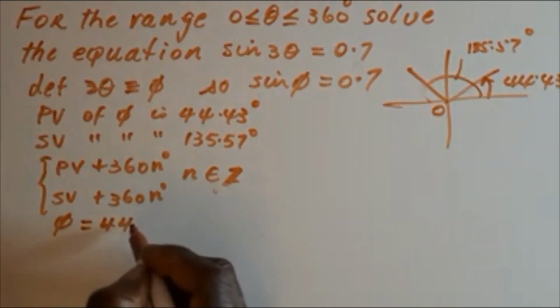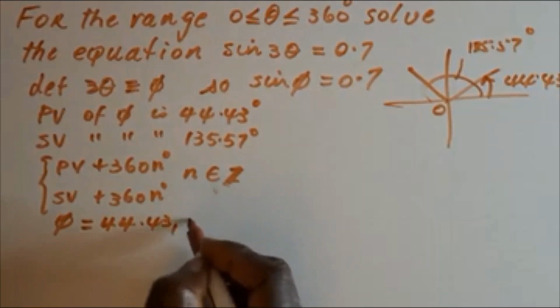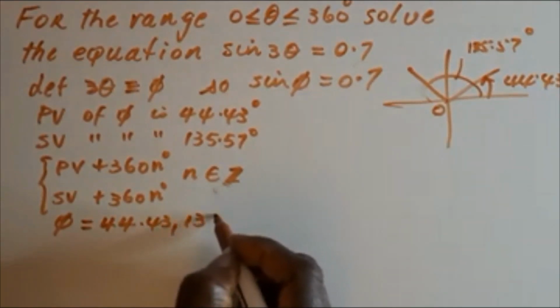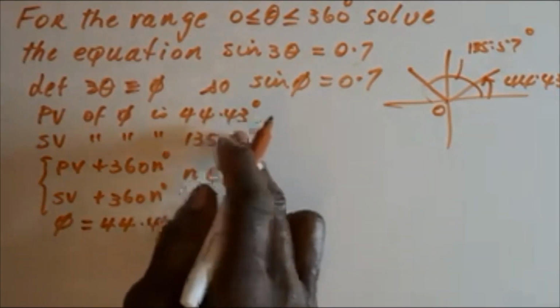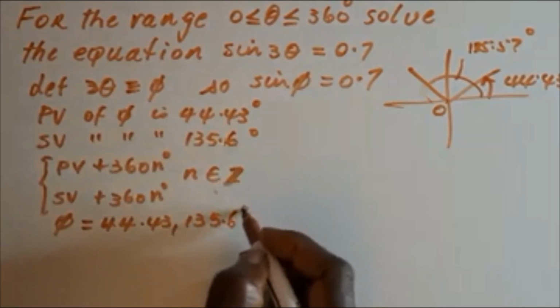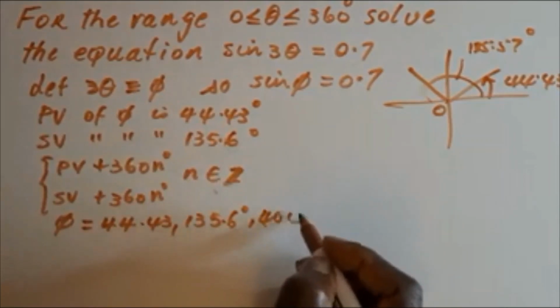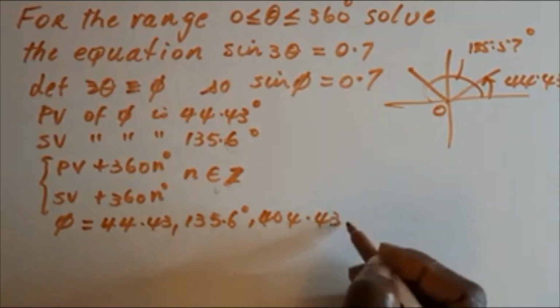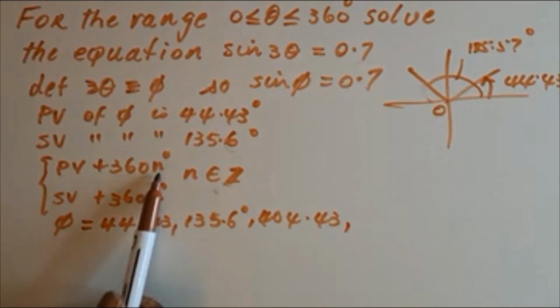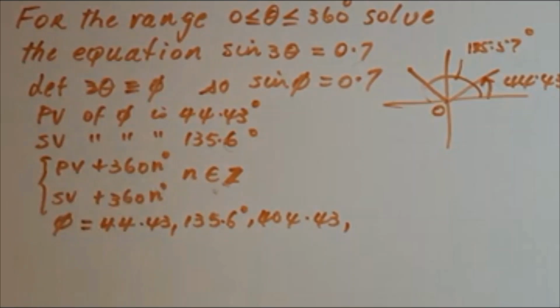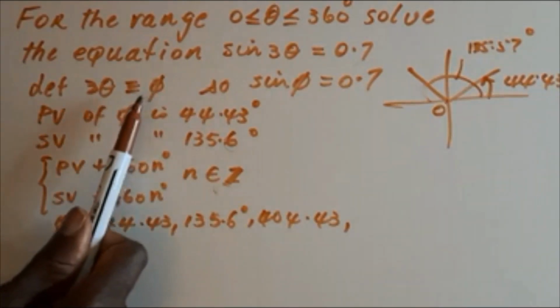We start with 44.43 and 135.57, 404.43. Now these are all based on various values of n, and bearing in mind that we'll take a third of these values, which will give us the value of theta.